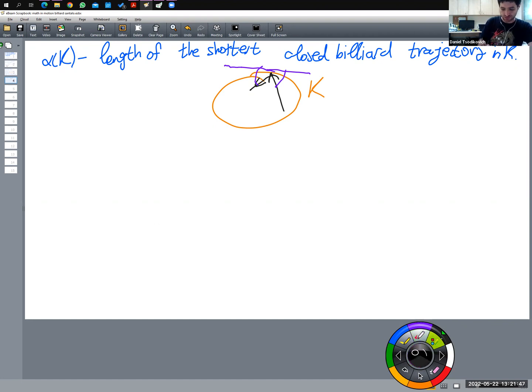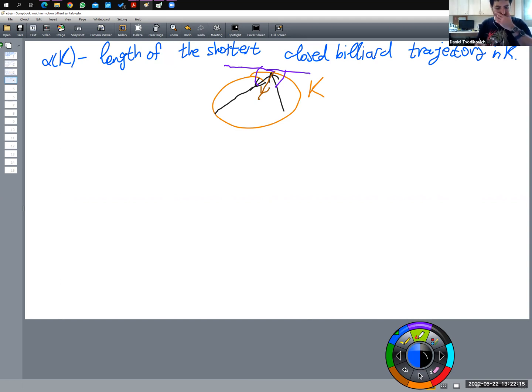And it continues this way. This also makes sense in higher dimensions. So you take a tangent hyperplane, and you require that the angles will be equal, and in addition, that the incoming and outgoing ray, together with the normal to the hyperplane, will be collinear. So this makes sense also in higher dimensions.